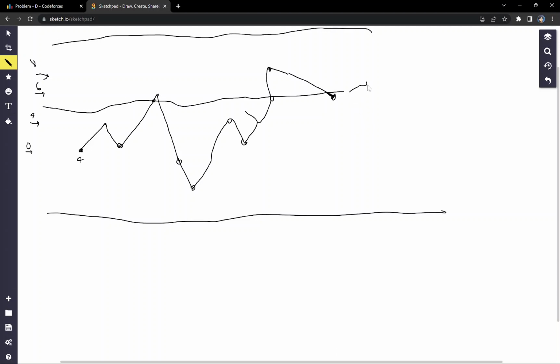We can call it a barrier line. So this is a barrier line. What does it denote? It just denotes that after crossing this barrier line, the rating will not decrease below that barrier line. Okay, so how can we proceed after this?